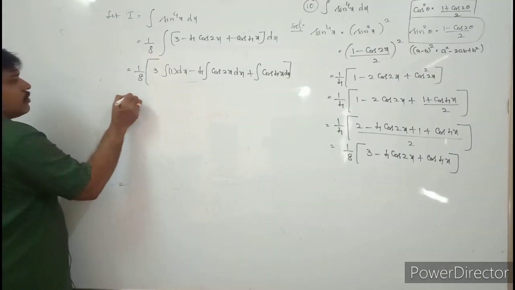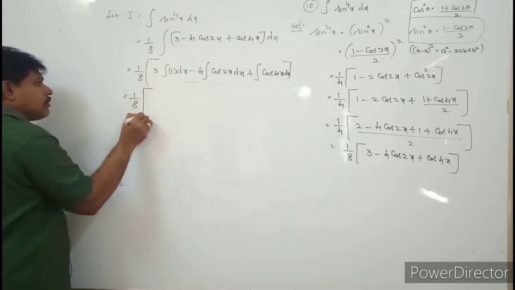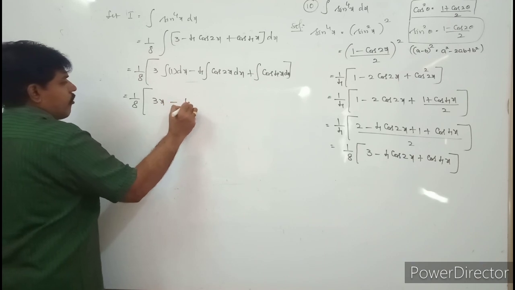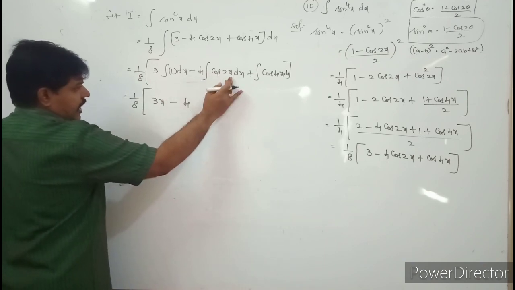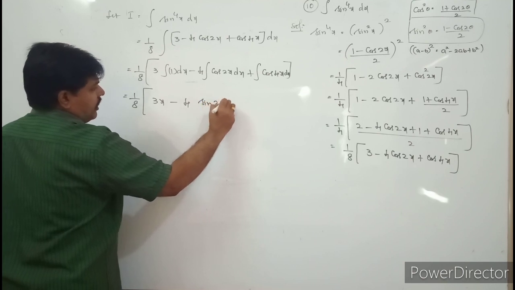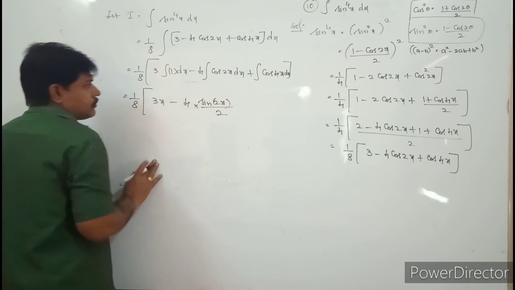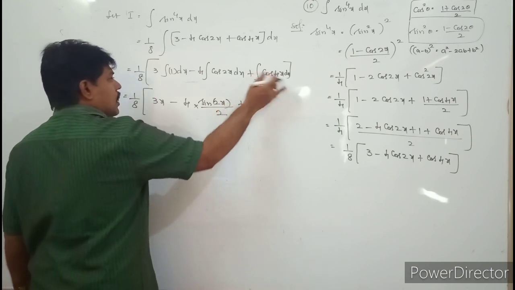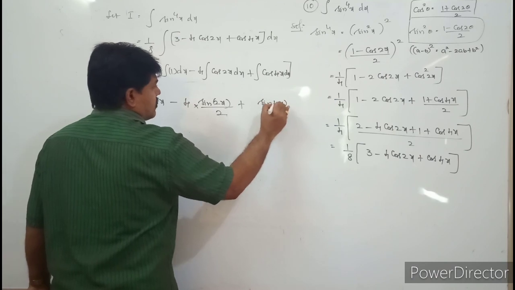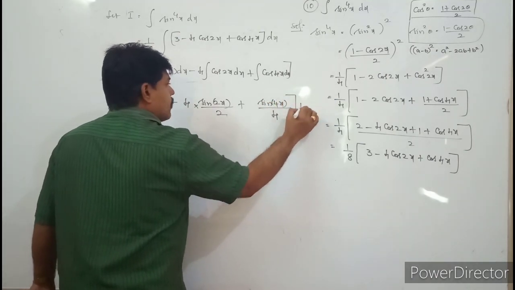So that is equal to 1/8 times (3x minus 4 times the integral of cos(ax+b), that is sin(ax+b) by a, here 2 since the derivative of 2x is 2, plus cos 4x integration is sin 4x by 4, since the derivative of 4x is 4) plus c.